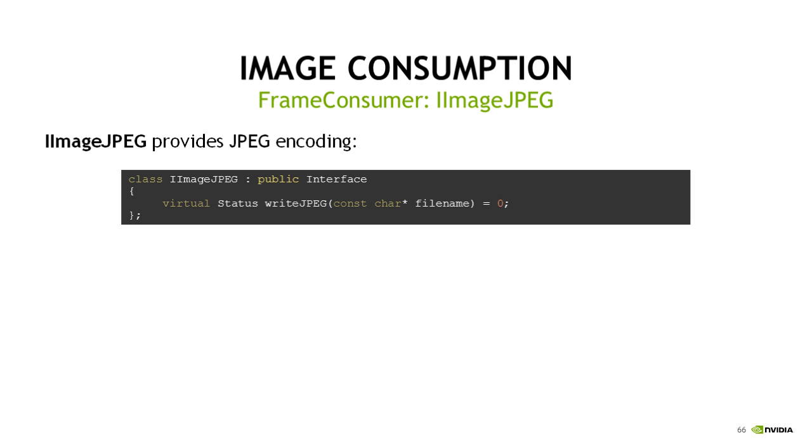Finally, the image object contained by a frame provides different interfaces that can be used to access the underlying image data. In particular, the image JPEG interface provides an extremely simple method for JPEG encoding, which we will now use in an example.